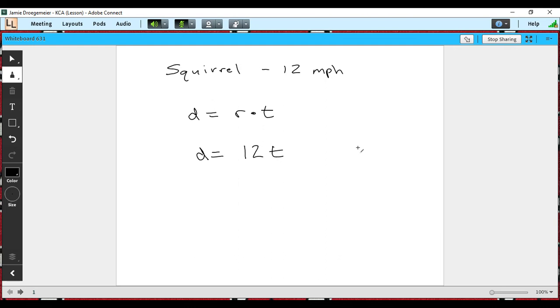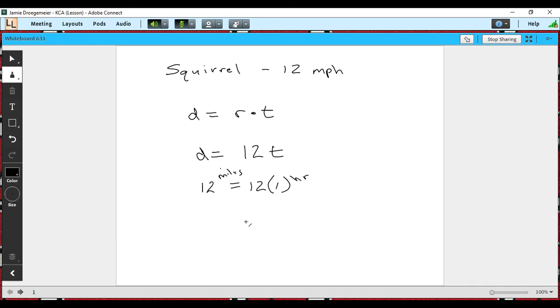For example, if the squirrel ran for 1 hour, and we're assuming he's running that same speed continuously, we would take 12 times 1, and find that the squirrel would run 12 miles in 1 hour.